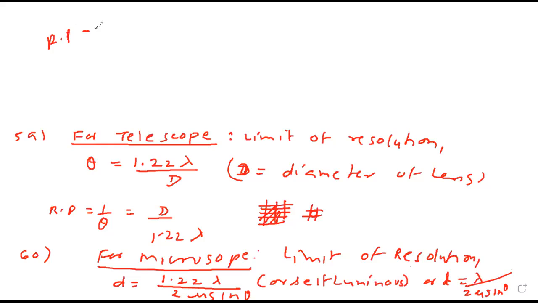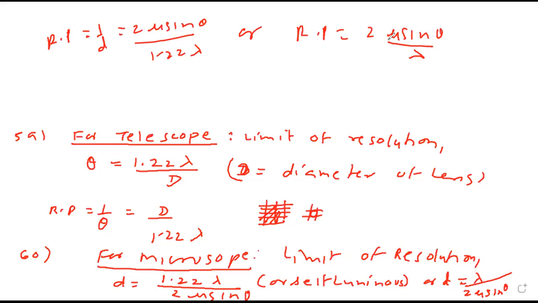And resolving power is the reciprocal, so either 2 mu sine theta upon 1.22 lambda, or resolving power is 2 mu sine theta upon lambda. So resolving power is the reciprocal of wavelength. Mu sine theta is called the numerical aperture.